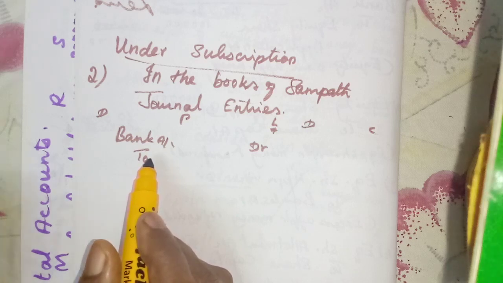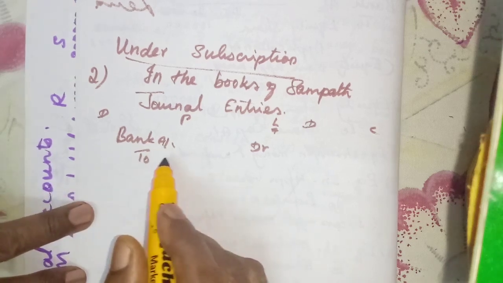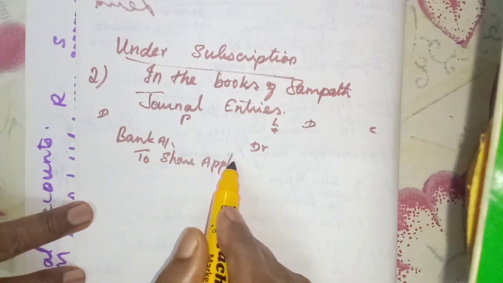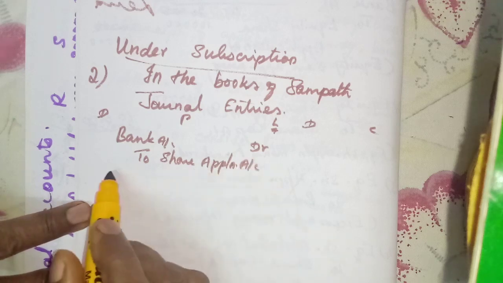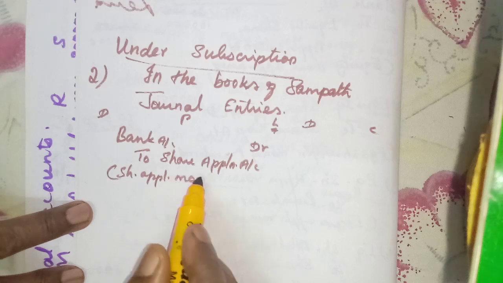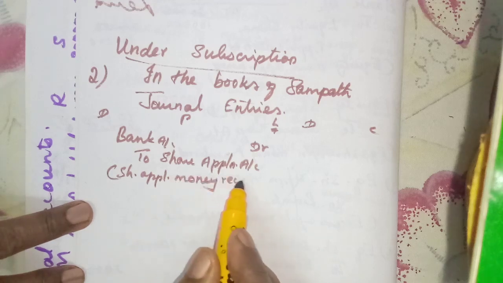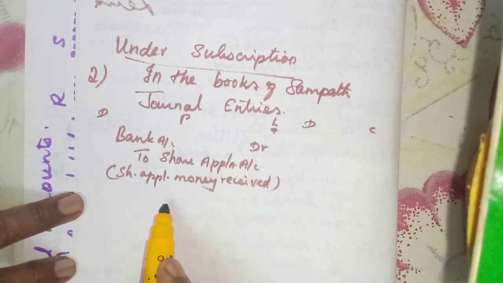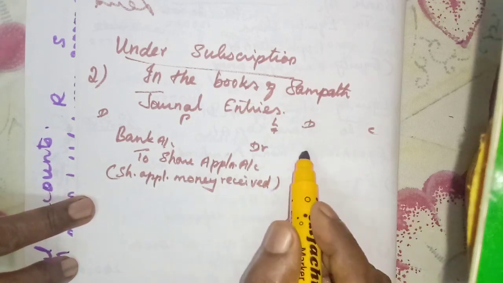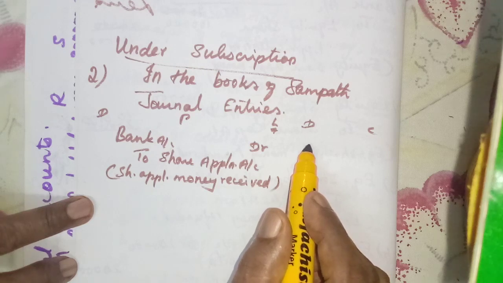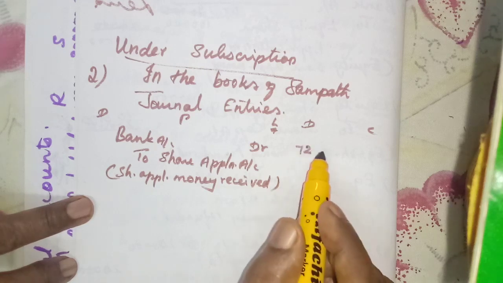Okay, so you can write simply share application account, you write fully. Then share application money received. Okay, 24,000 into 3, application. 24 into 3, so 72,000.